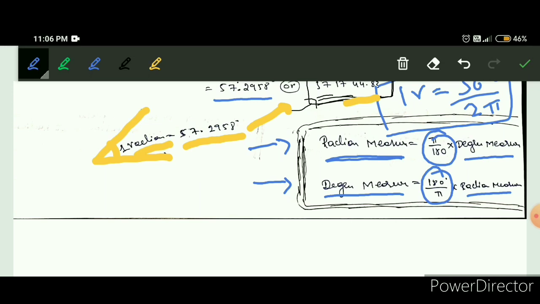So if you want to find a radian measure, you need to write pi by 180 after the equal sign, pi by 180 into degree measure. If you want to find a degree measure, you must write 180 degree by pi into radian measure after the equal sign. Then we get the conversions from degree to radian and from radian to degree by using this.